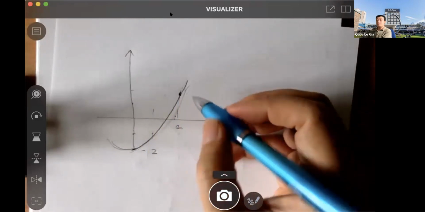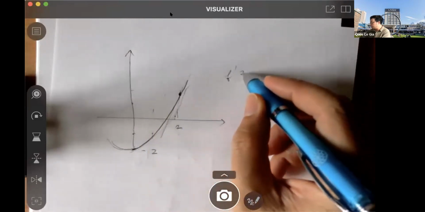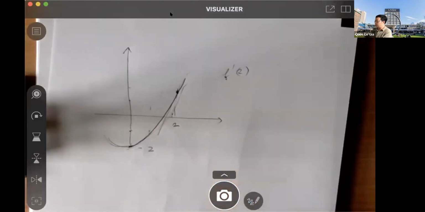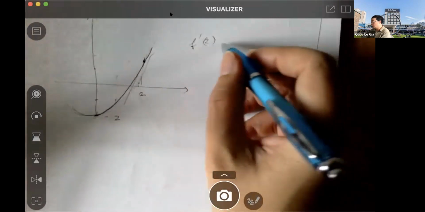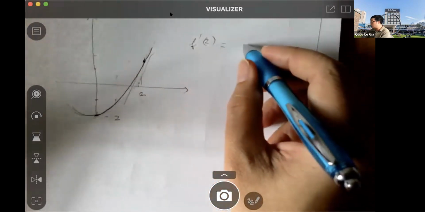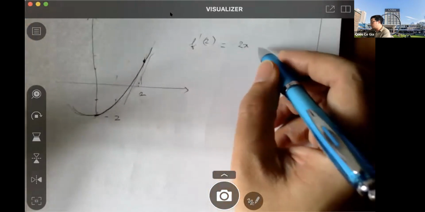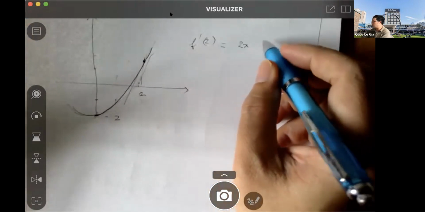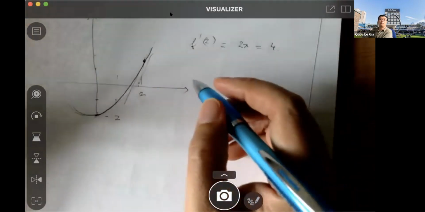And now what is the slope of the curve? The slope of the curve is f prime at 2, right? And x squared prime is just 2x, and 2x at 2 equals 4, right? So the slope is 4.